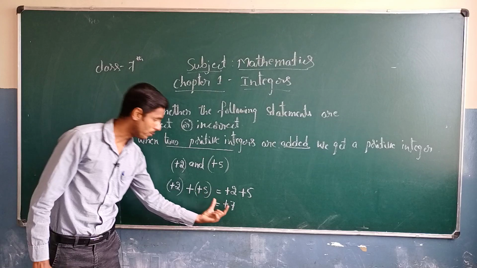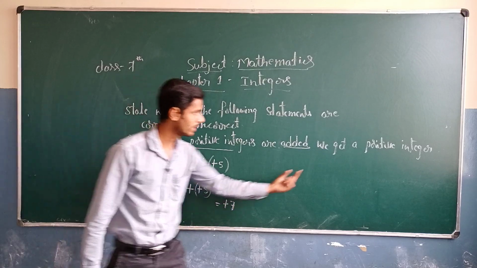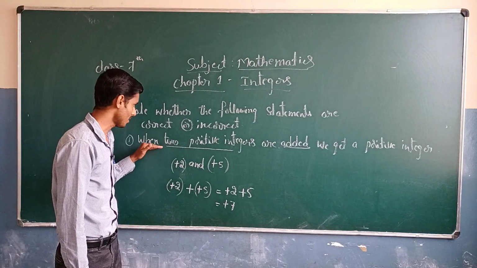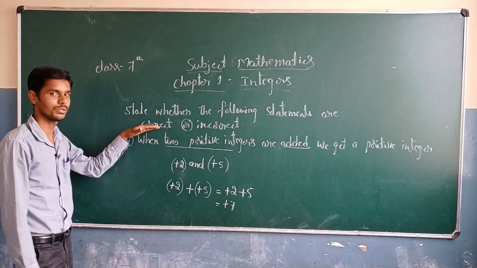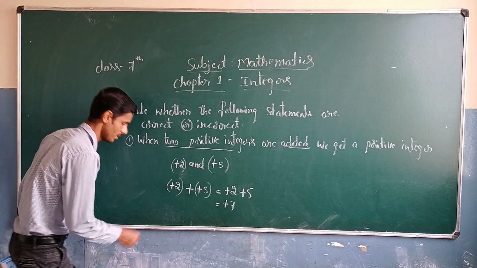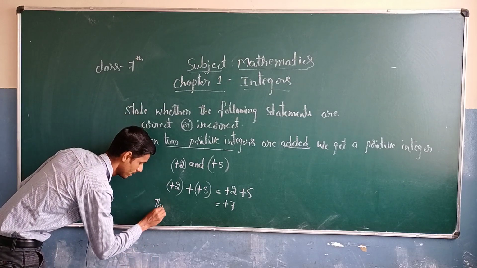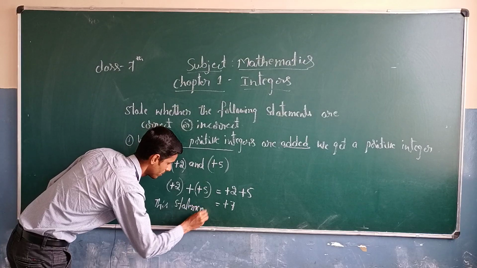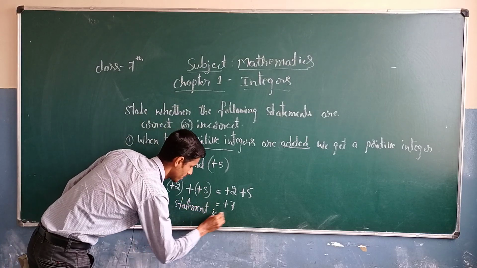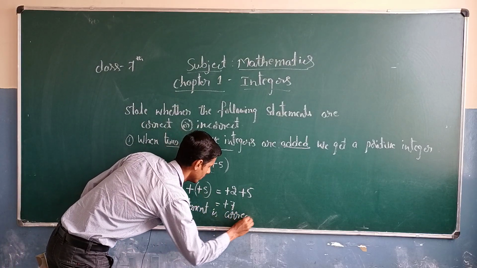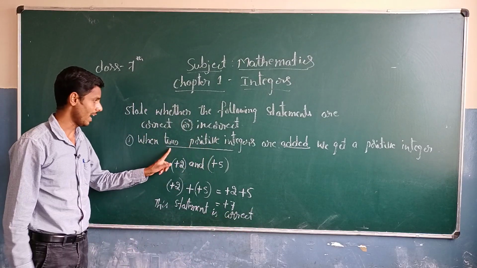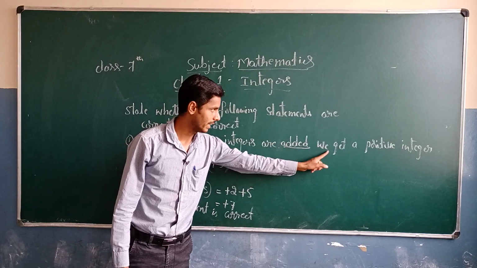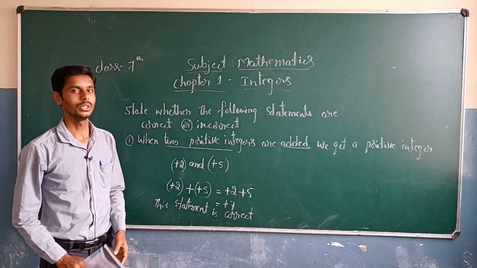We get a positive integer. Therefore, this statement is correct. When we add two positive integers, we get a positive integer.